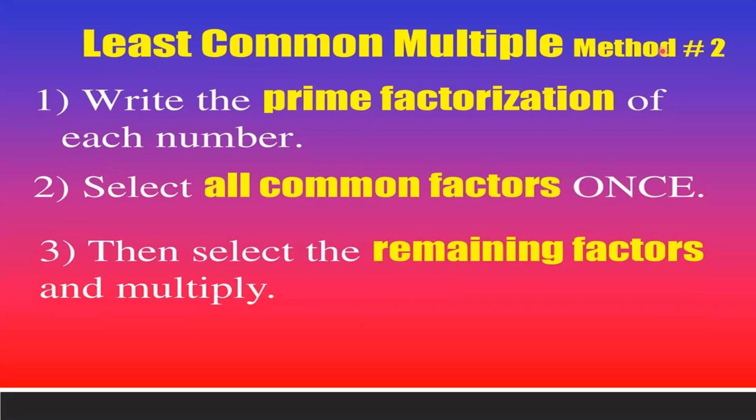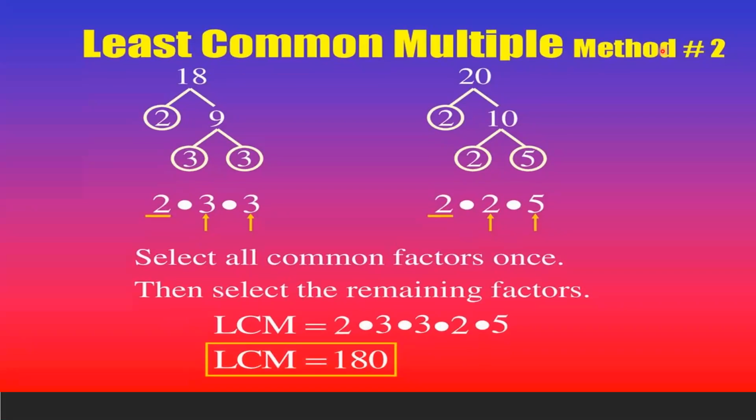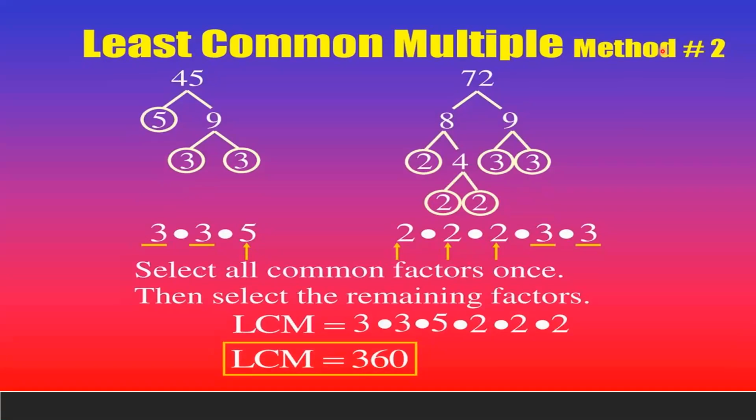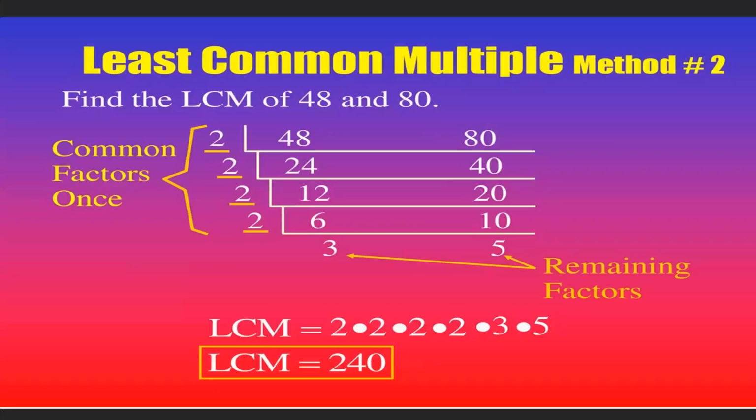Write the prime factorization of each number, select all common factors once, and then select the remaining factors and multiply. This is the factorization. As you see, this is method 2. 18 and 20: select all common factors once, and then the remaining factors.